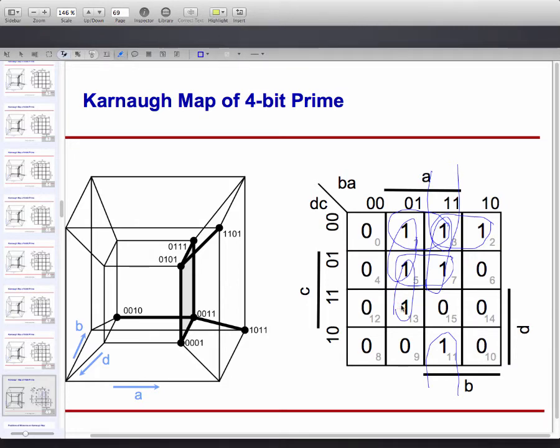What do faces correspond to? Anyone? So what pattern would correspond to a face? Okay, square is one possibility, 2 by 2. So we see one square out here.